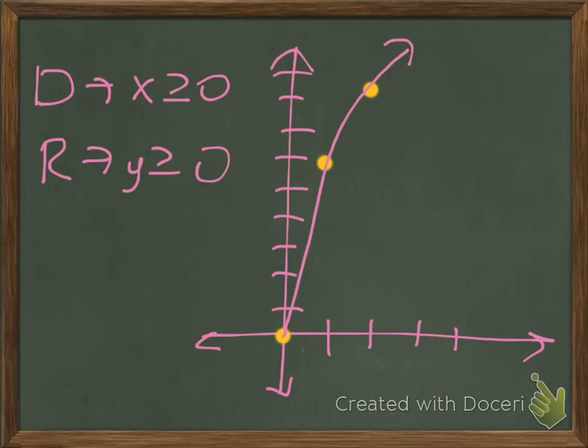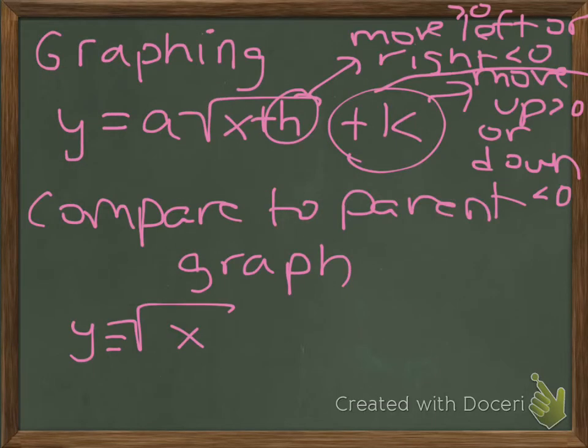Then we move on to translating it, and I've pointed this out a little bit because we're going to be also comparing these graphs using some new type of language to the parent graph.